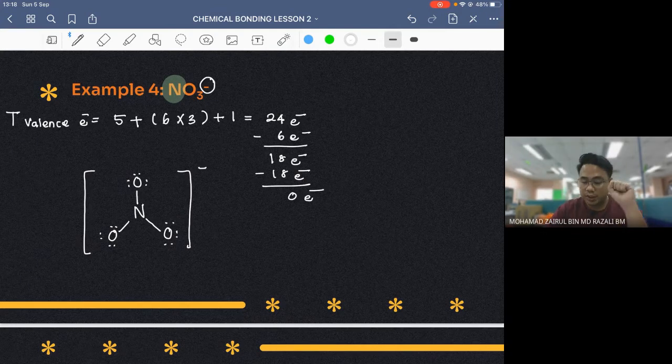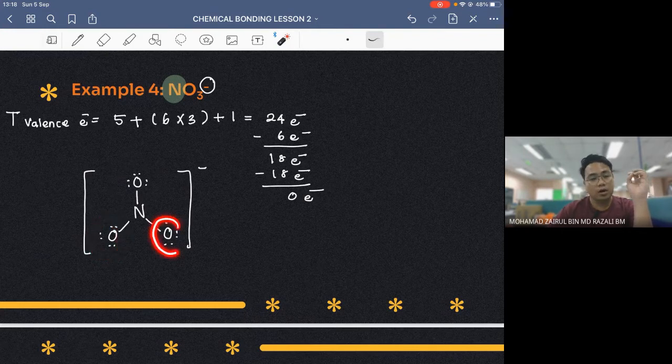Okay, if you look here, this oxygen already achieves octet because it has 8 electrons surrounding the atom. Same goes with this oxygen and this oxygen.